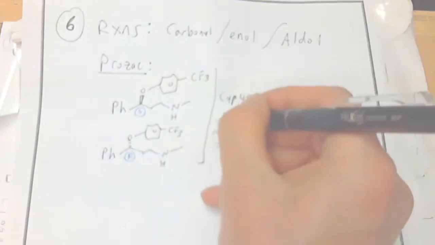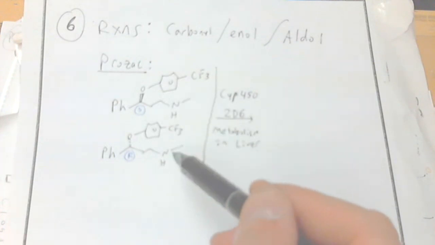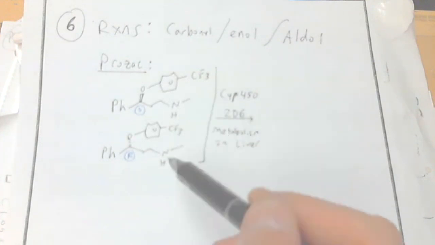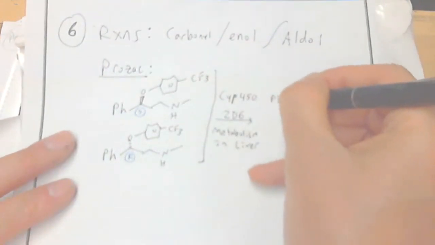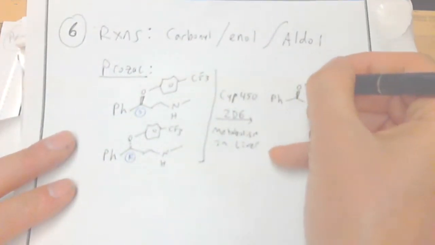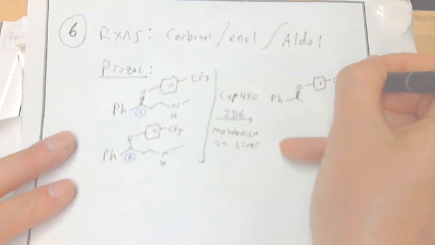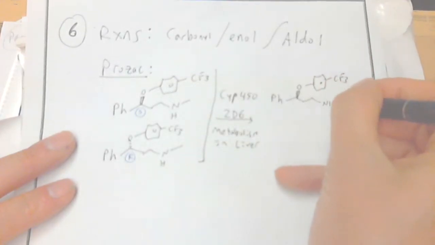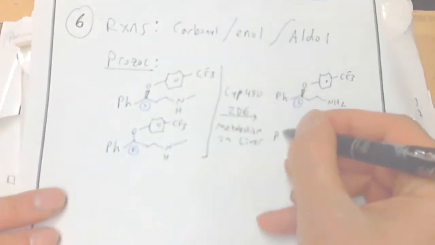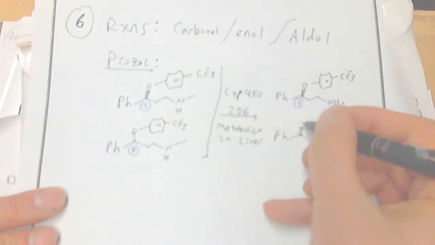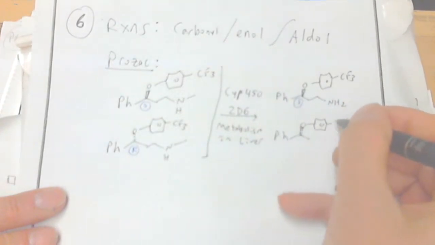This one is 2D6, so it's the 2D6 isoform. Both of these get metabolized in the liver to the N-demethylated version, still S, and the R also gets demethylated.